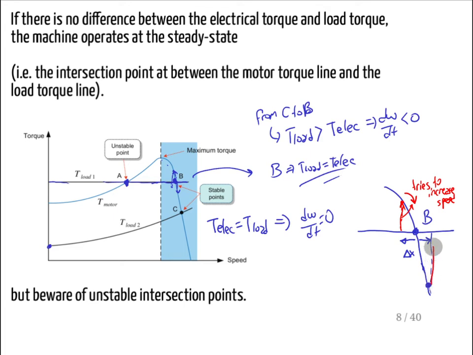If you move in the other direction, you will now have negative torque, so it tries to reduce speed. So it is a feedback mechanism.